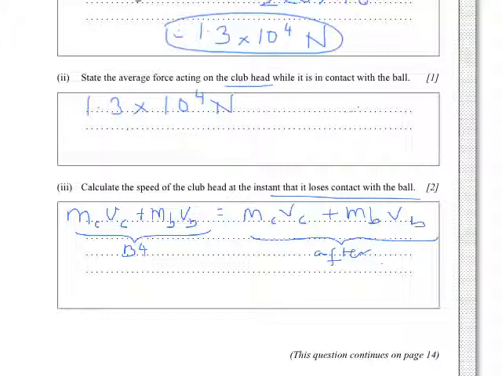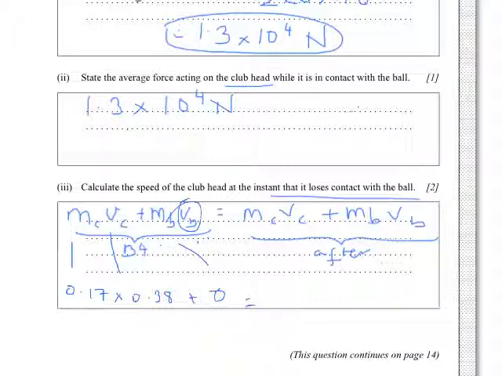this was 0. Okay, so we have mass 0.17 times the velocity of the club head, 0.38, plus 0, because this was 0, so therefore the velocity of the ball before was 0.